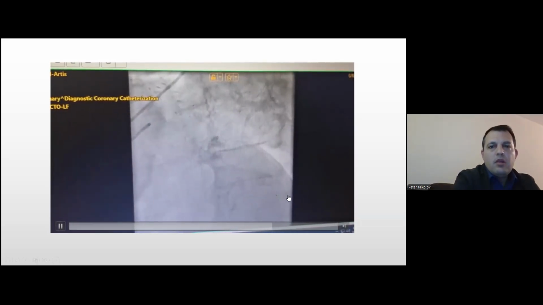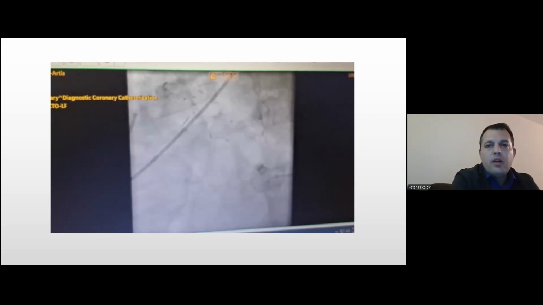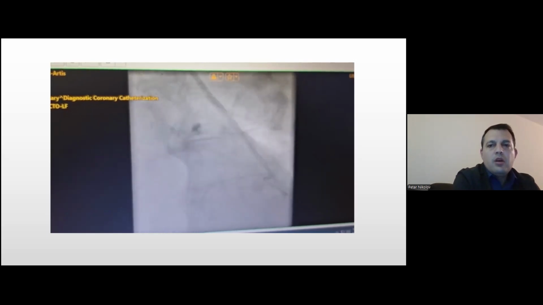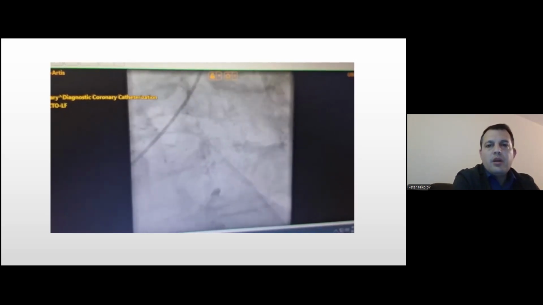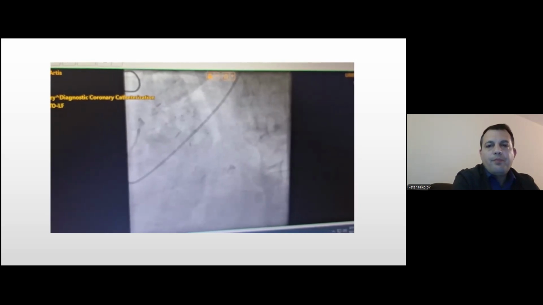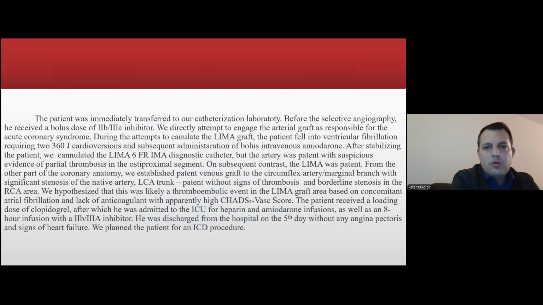And the LIMA was patent, no problem in the area of the left mammaria, no chronic occlusion of the left descending artery, non-occlusion of the also marginal branch. And the patient, you see, was transferred to the cath lab.